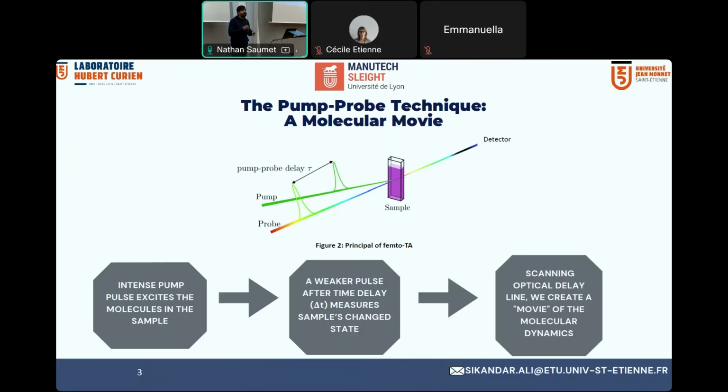After a controlled time delay, a probe beam comes and measures the changes caused by the pump beam in the sample. After scanning through the different optical delays between the pump and the probe, we can create the movie of the dynamics of the molecule, showing how it behaves after it gets excited.